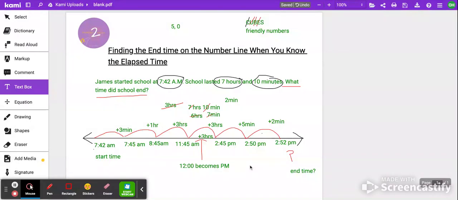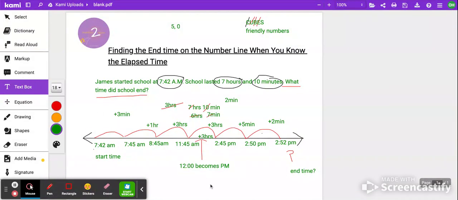Okay, here we go. Let's make sure that we increase by 10 minutes. Well, here's 5 minutes. I always start with the number or the time that is the most. Okay, so we got 5 minutes plus 3 minutes is 8, plus 2 more is 10 minutes. So there you have it. We've increased our time by 7 hours and 10 minutes.